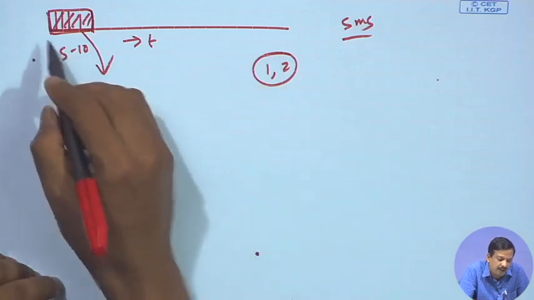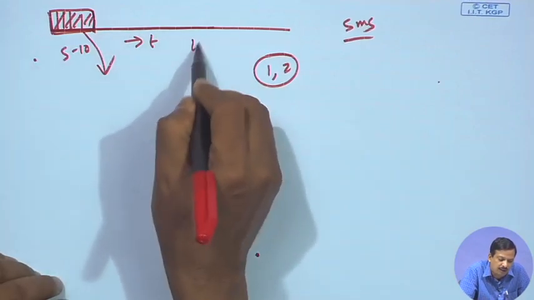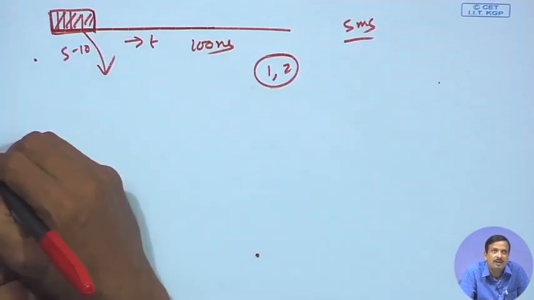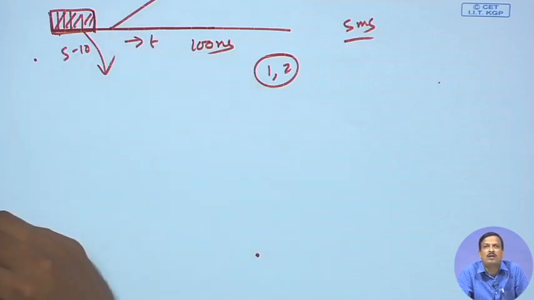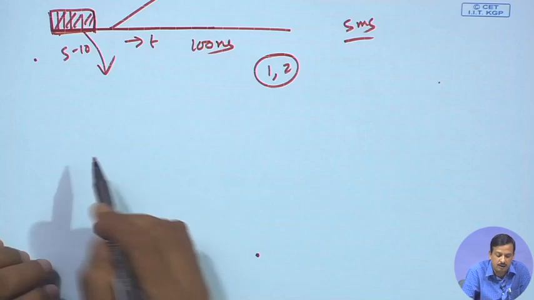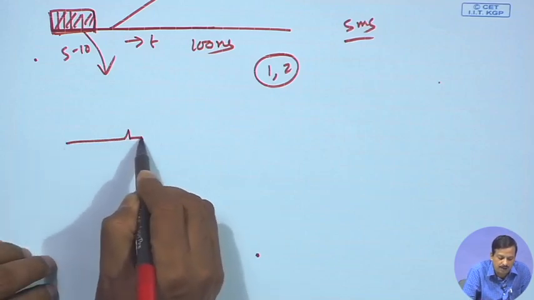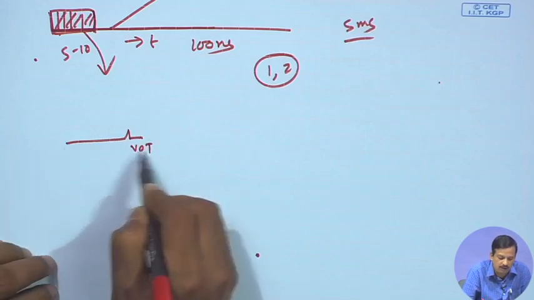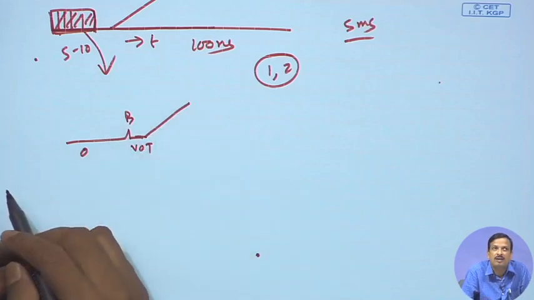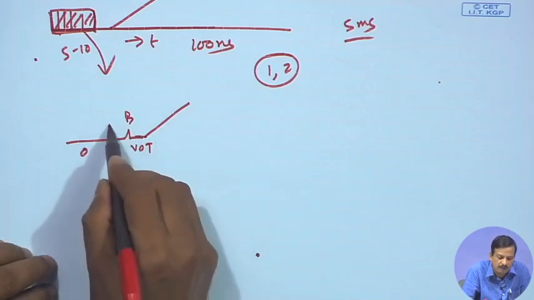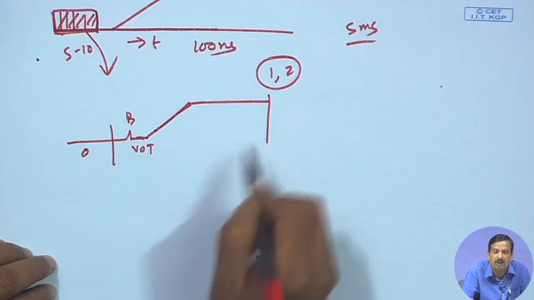Now, if I take 100 millisecond, then what will happen? I may lose the transitory portion of a consonant to vowel transition, because speech is changing. So, let us say there is occlusion, burst, then VOT, transition. Now, if I take 100 millisecond, my window may fall around here.